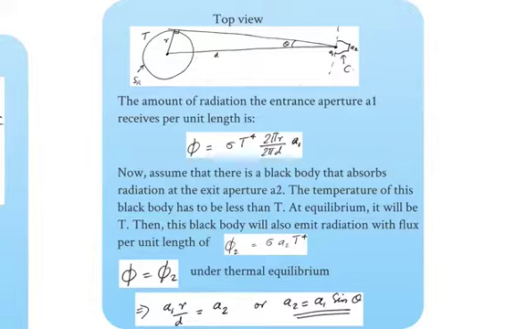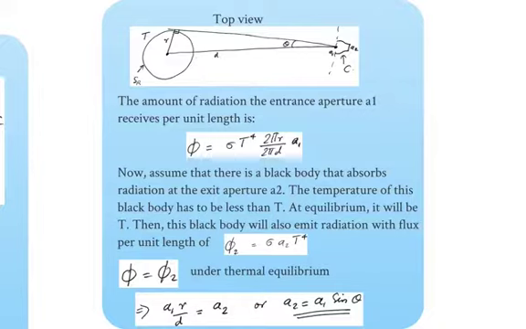We're considering a very simplistic system where this black body essentially thermalizes, reaches thermal equilibrium with the source, which means that eventually this black body will reach the same temperature as the source. Okay, so originally the temperature of this black body used to be less than T. At equilibrium, it will be T.